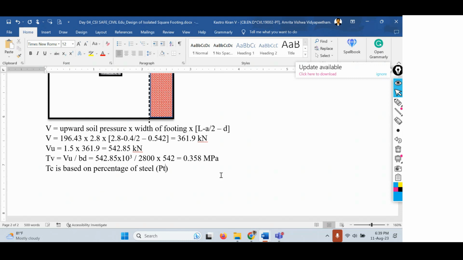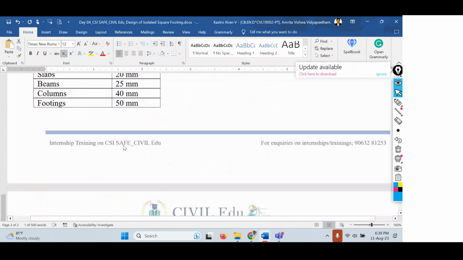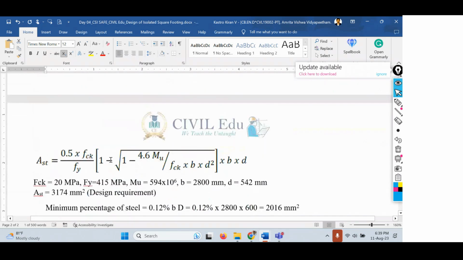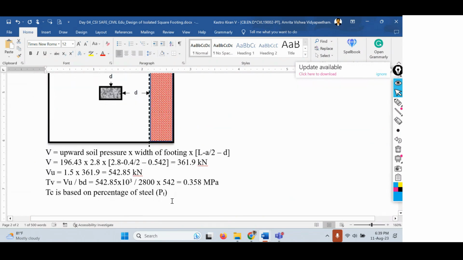What is the value of pt? Let me check that. Yes, it is 0.34 percent. So percentage of steel pt equals 0.34 percent. At 0.34 percent of steel, we have to find out the tau c value.